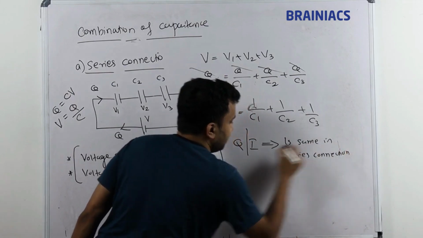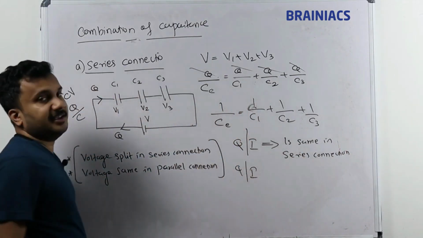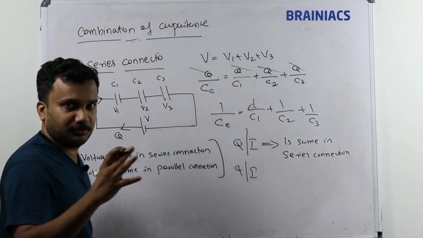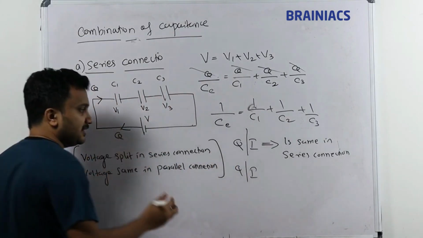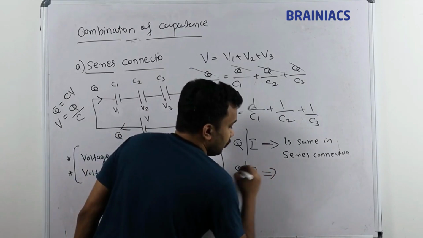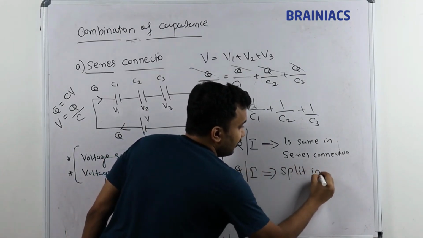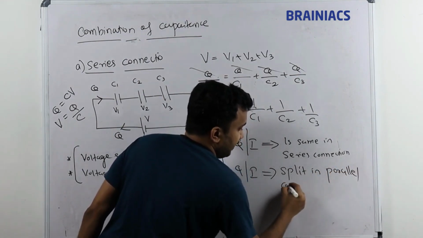Charge or current, Q or I, both will be the same in series. Charge or current splits in which connection? In parallel connection.